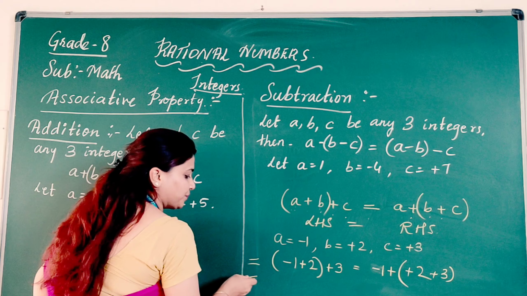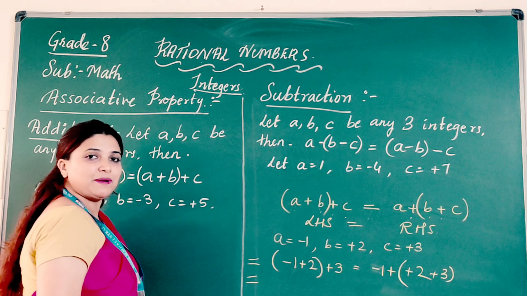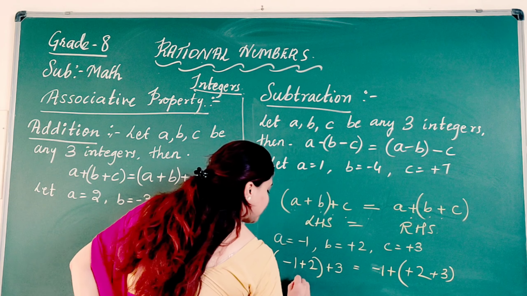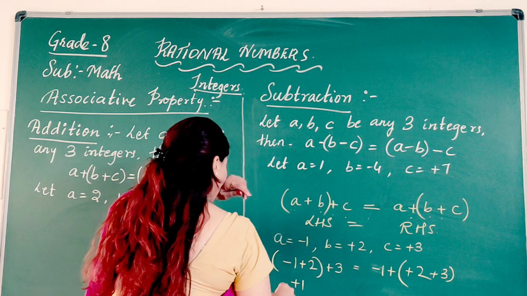So it is equal to, what is minus 1 plus 2? Minus 1 plus 2 is nothing but plus 1. Correct? Plus 3 as it is. Why am I solving the brackets first? Because I am following the law of BODMAS: Brackets, Of, Division, Multiplication, Addition and Subtraction, right?